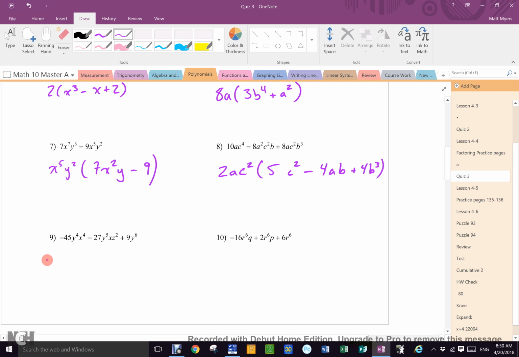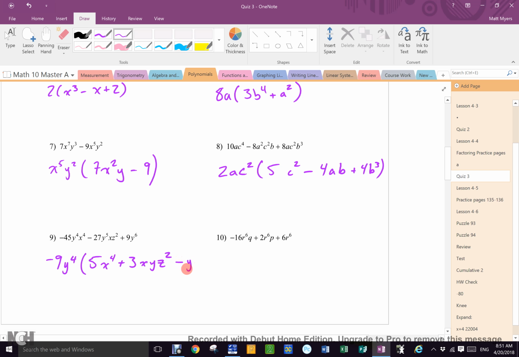So I'm taking out negative 9 y to the 4th. And I'm leaving in 5x to the 4th plus 3x y z squared. I don't care if you change the order of the letters there. You can leave it as yxz. It does not matter.